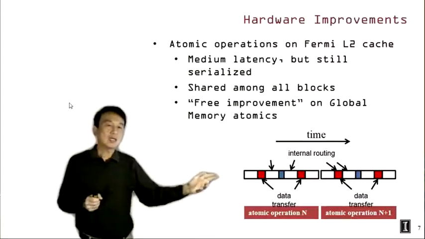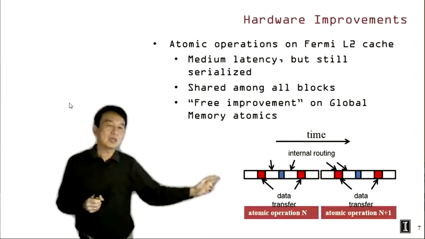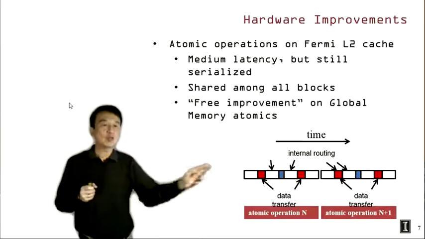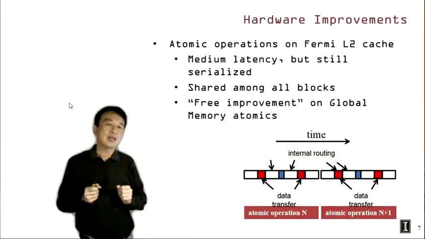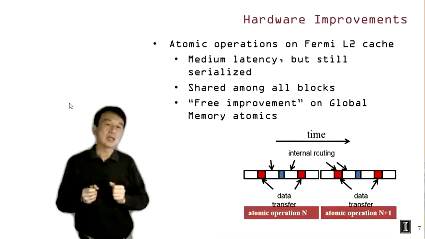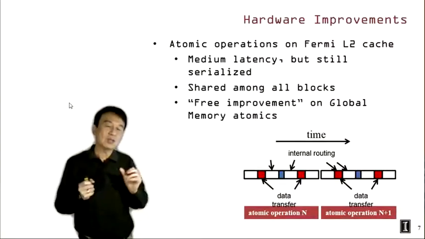This is illustrated with this tiny example where the access delay of the L2 cache storage is much shorter. This is shown as shorter white sections. And then the data transfer from the L2 cache into the processor still needs to go through the internal routing network, but it's typically also a little bit shorter.